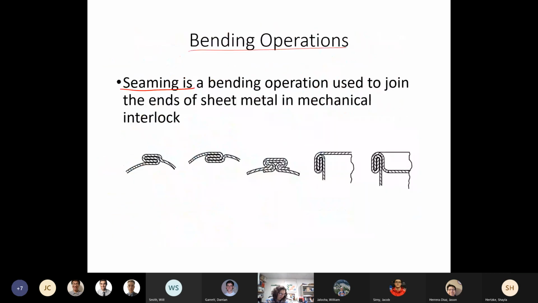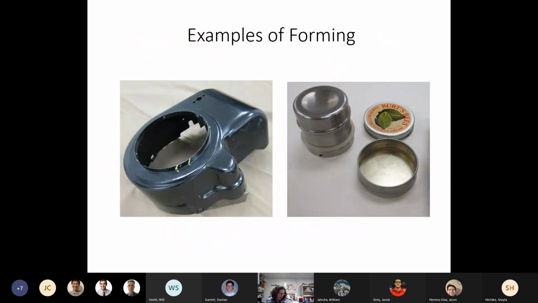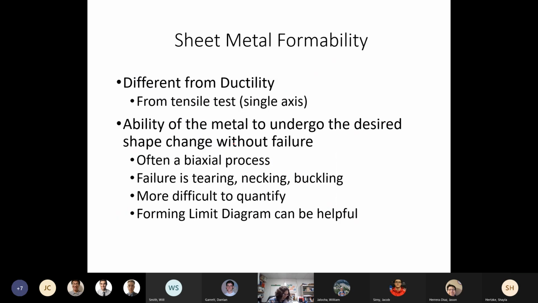So when it comes to forming, we are going to consider a new material property. We saw these particular examples in the lab. All of these start with a piece of sheet metal, and we can see that in some areas there's substantial deformation. So we have this property that we call sheet metal formability.